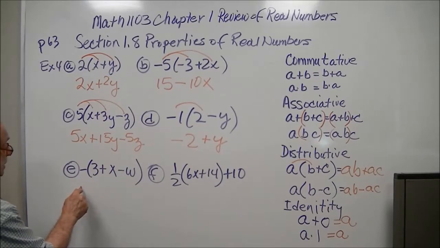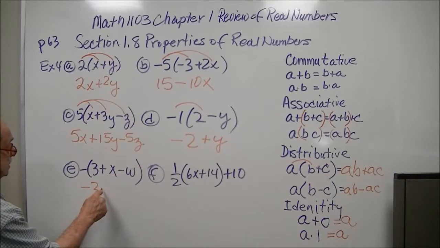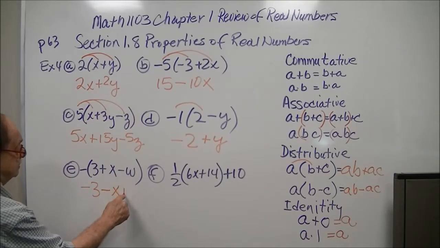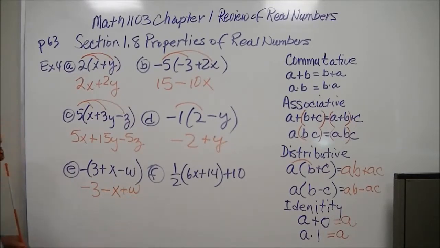So this becomes a -3, this becomes a -x, and this becomes a positive w. Again, an important rule. Whenever there's a negative in front of a parenthesis, we can remove the parenthesis and just change all of the signs of the terms inside the parenthesis.